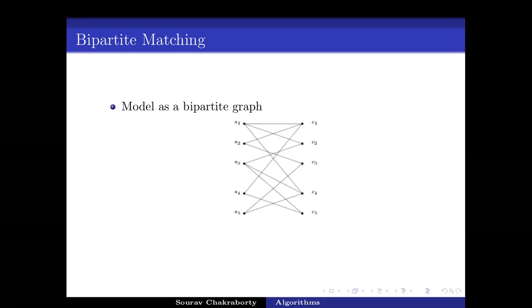Right? Now obviously we want to find a matching, but note that a particular student cannot be assigned to more than one college. Suppose let's pick a vertex, say S1. It has 3 outgoing edges, C1, C2, and C4, meaning it has 3 choices, college 1, college 2, and college 4.